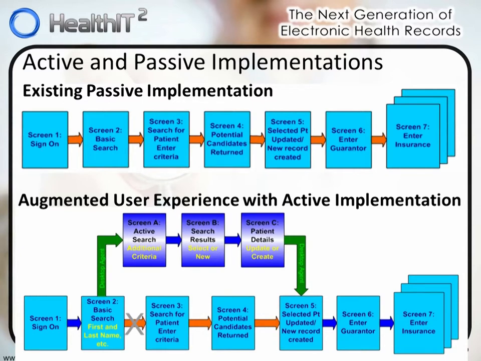So the workflow in this case looks something like the user signs on, they do an initial search and look up for a particular patient. And at this point, instead of just querying the internal database, which an application is designed to do, we intercept that and we redirect them to a screen that's provided by OHMPI.